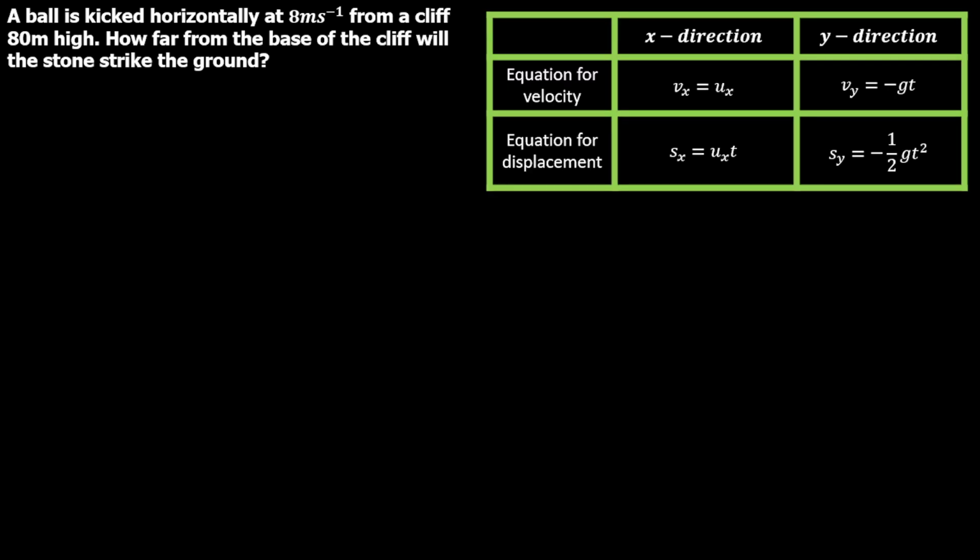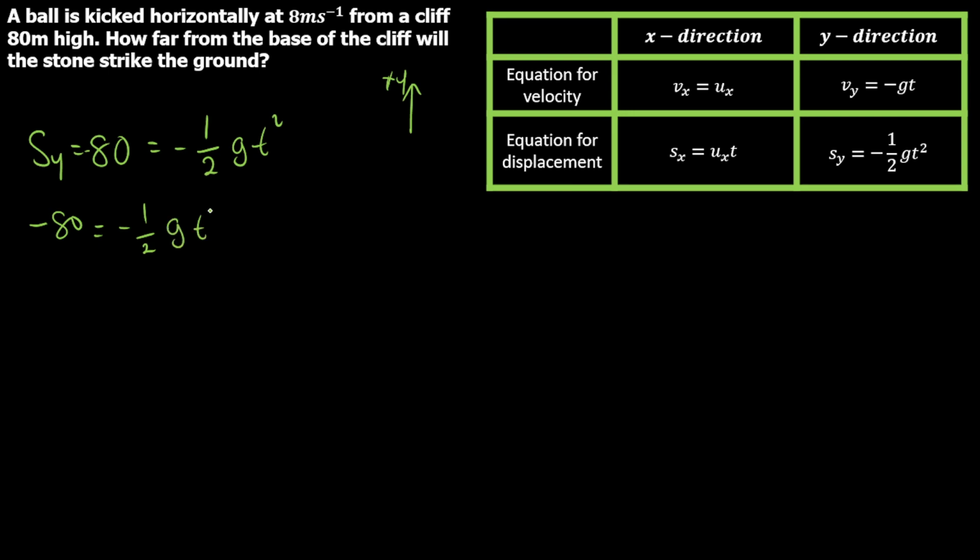So how do we do this? Well, we know that Sy is going to be 80, and based on our table, it's going to be negative 1 over 2 gt squared. Now, because we have established that going up is positive y, we will have to put a negative sign for the 80, so that we have negative 80 equals negative 1 over 2 gt squared.